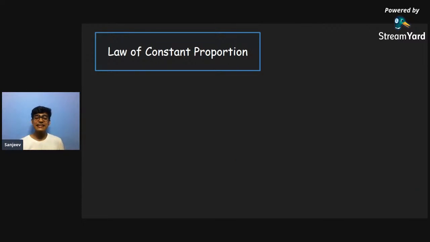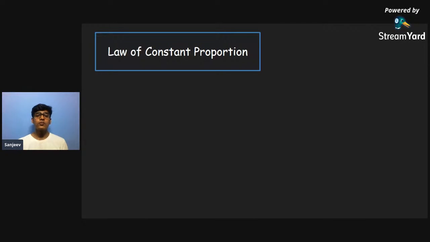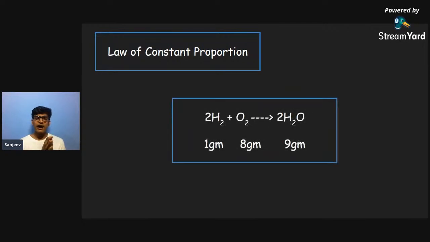If we take the second example, the second law, we will take an example of water molecule. For water molecule, we have H2O, hydrogen and oxygen, that gives us water. These are the two elements which we are going to use to make water.